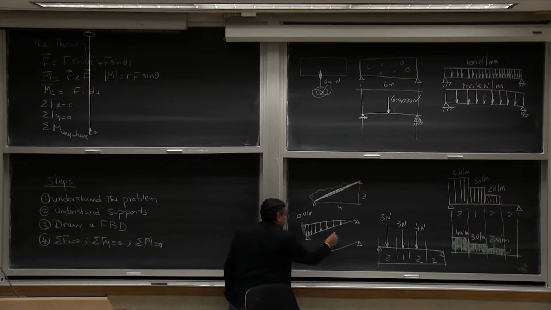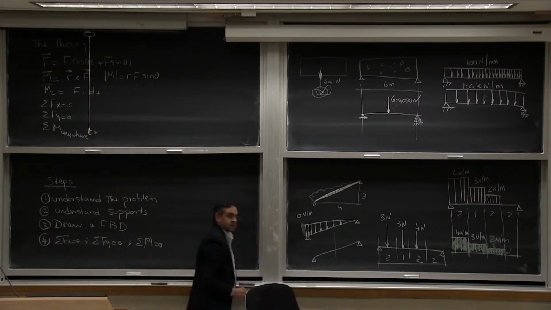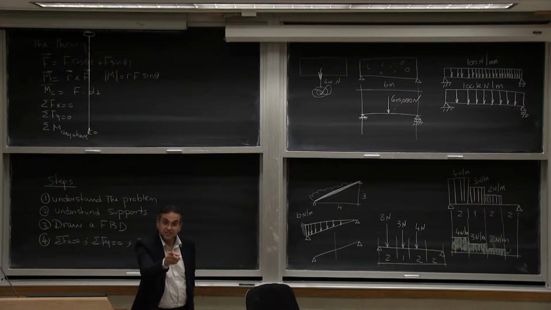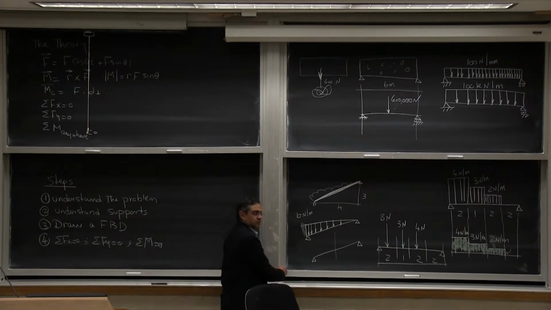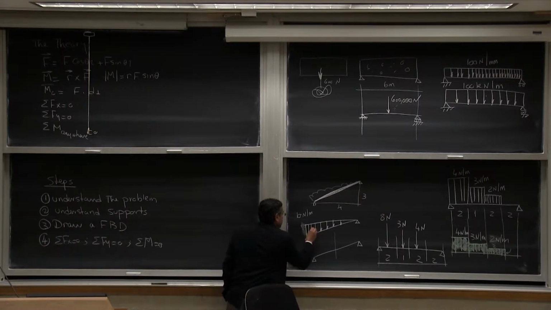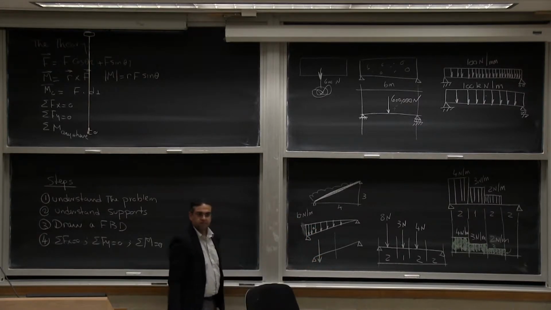And this force is going to be here in the middle? No. Where is it going to be? Yes. It's 1/3 from the base where the centroid of a triangle is. So this is the centroid of a triangle. This is where the force is going to be.